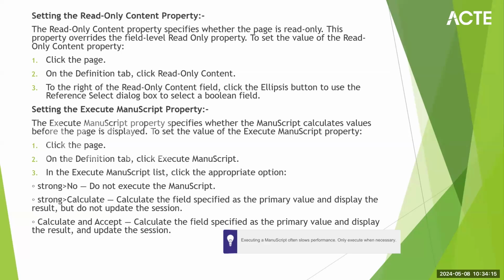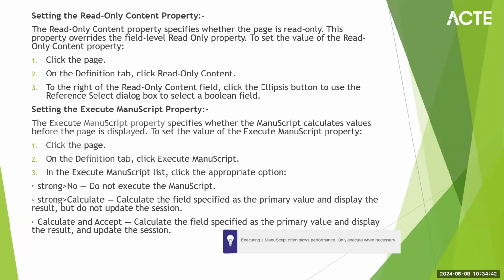Click on the page, click on the definition tab, click execute manuscript. In the execute manuscript list, click the appropriate option. Strong no indicates do not execute the manuscript. Strong calculate indicates these are the options which are available. Calculate the field specified as the primary value and display the result, but do not update the session.